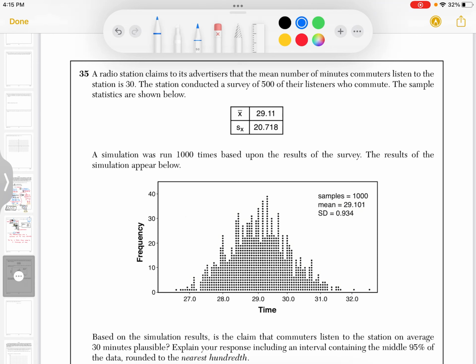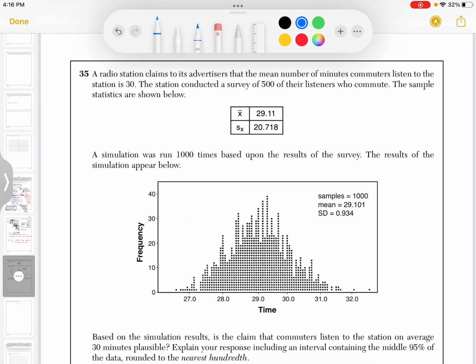All right, number 35. A radio station claims to its advertisers that the mean number of minutes commuters listen to the station is 30. Sorry. So the radio station claims to its advertisers that the mean, which means average, number of minutes that commuters listen to the station is 30.